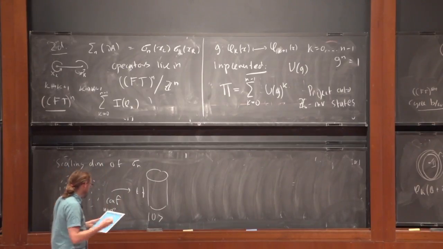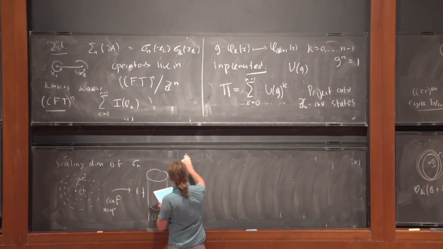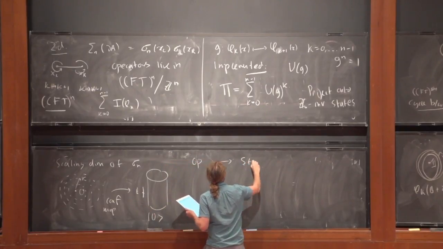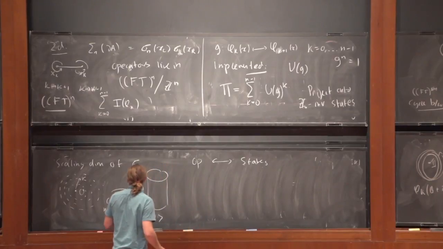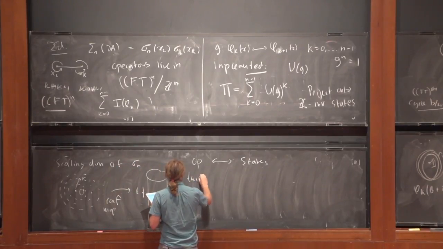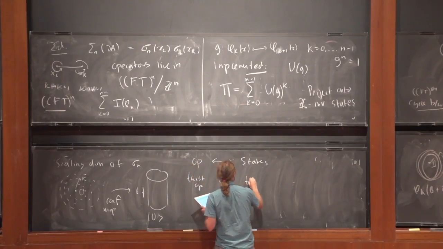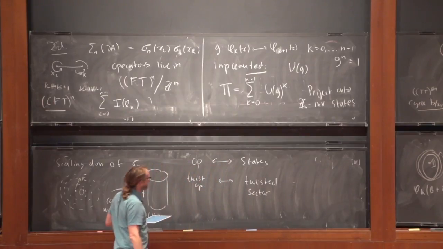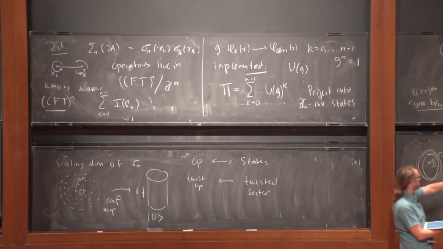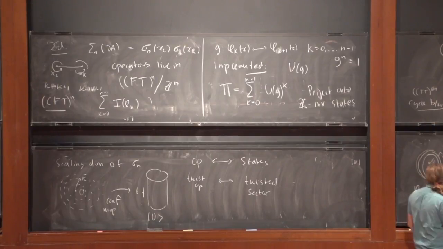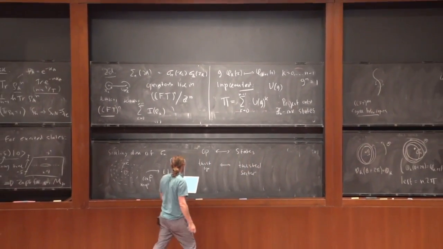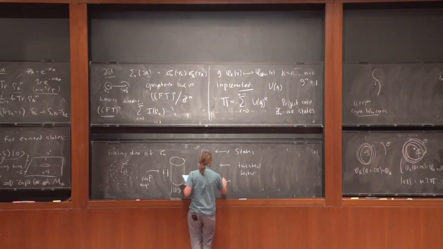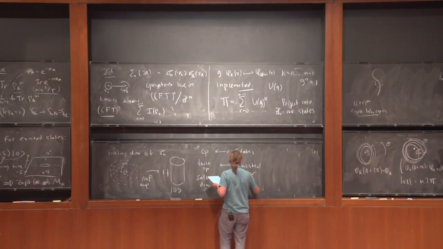And so in particular, under this dictionary, operators map to states, and vice versa. The twist operator that we've been discussing maps to something called the twisted sector, which has this property that you have the n copies joined like this. And in particular, scaling dimensions of these operators map to energies on this cylinder.